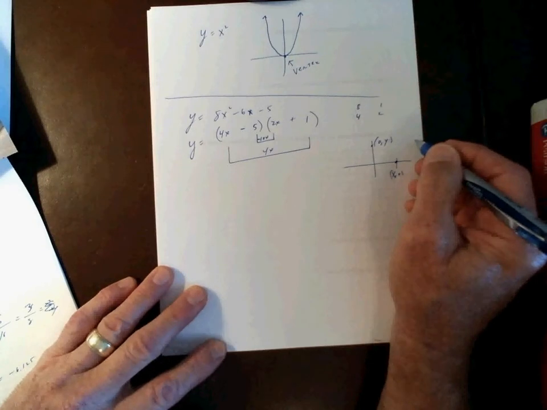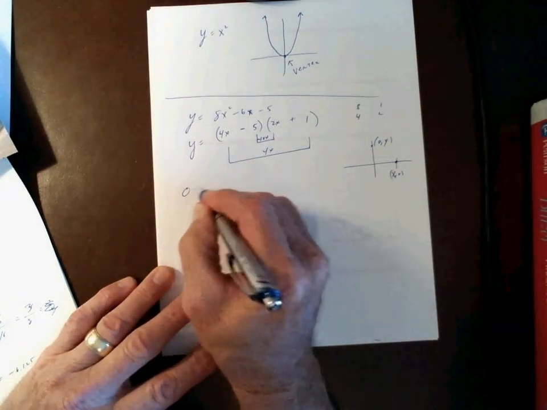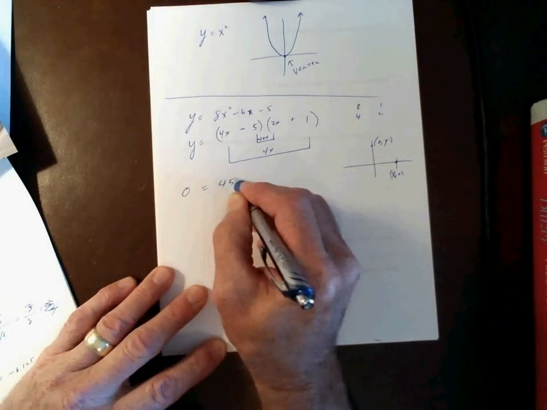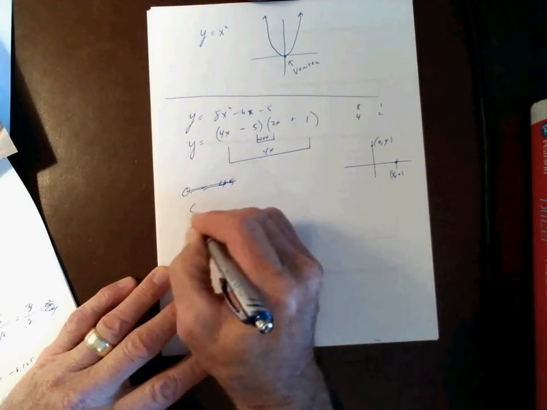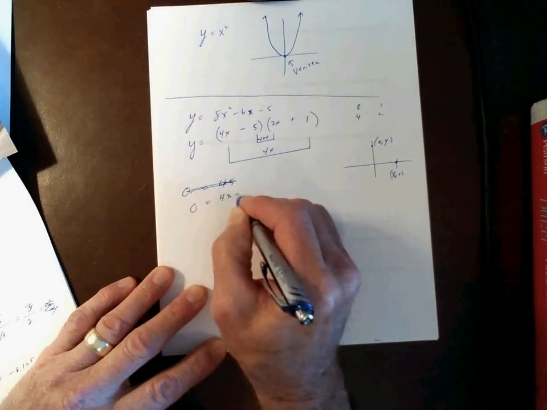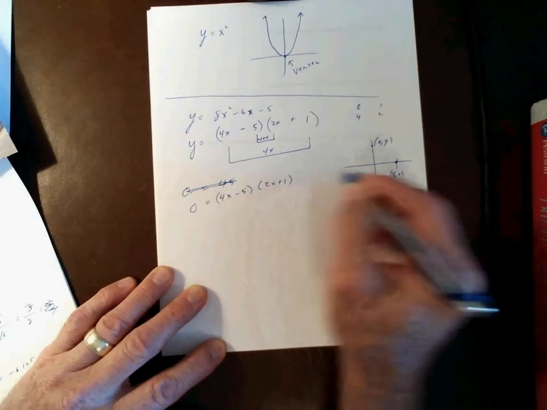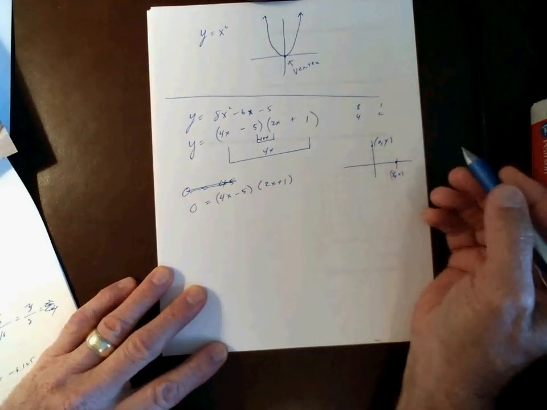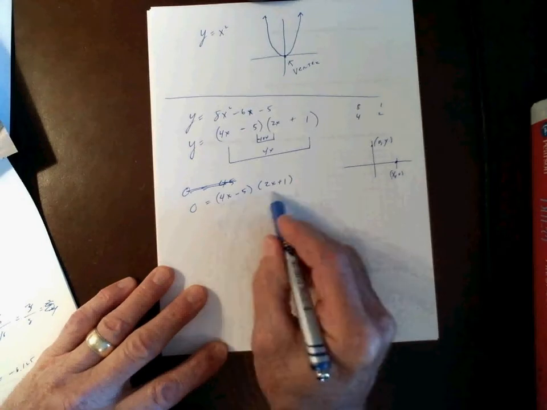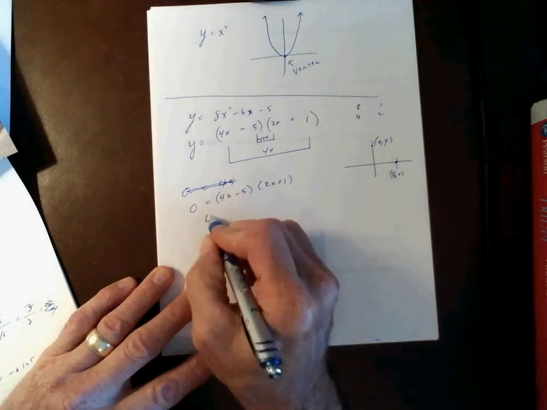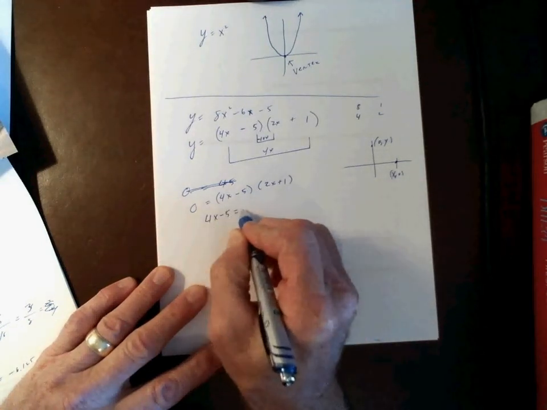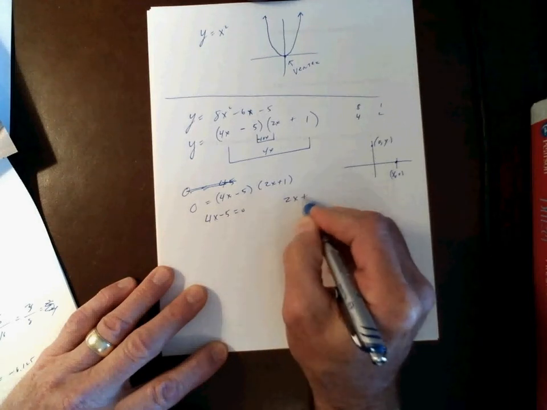So if we set this equal to 0, we will be able to determine what the x-intercepts are. And we're going to find those x-intercepts right now. So I'm going to set this product equal to 0, so that means 4x minus 5 has to be equal to 0, or 2x plus 1 is equal to 0.